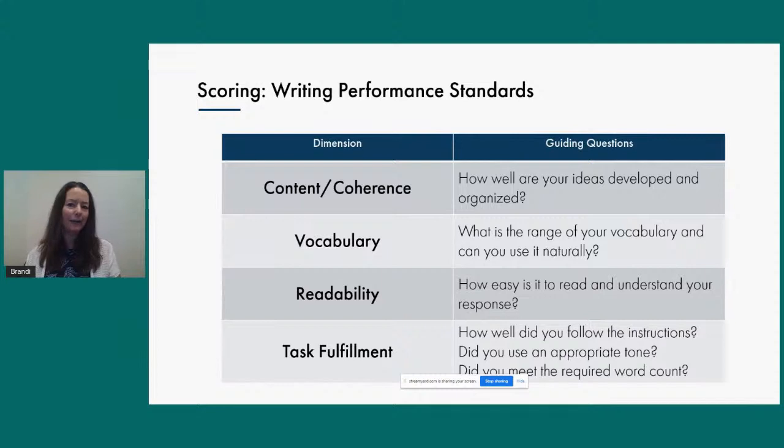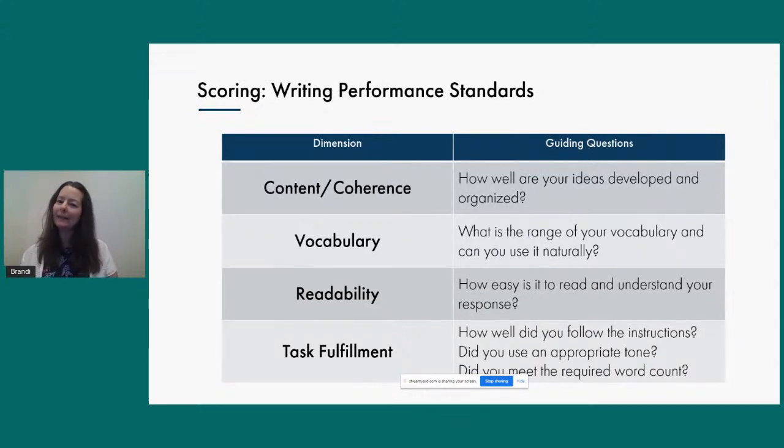Readability is the 3rd category. And this is really how easy it is for the reader to make sense of what you've written on the page. So you can make the reader's job so much easier if you start your sentences with a capital letter, finish them with an end punctuation mark. So that's the first thing we need to make sure we're doing. The next step, of course, is to paragraph appropriately.